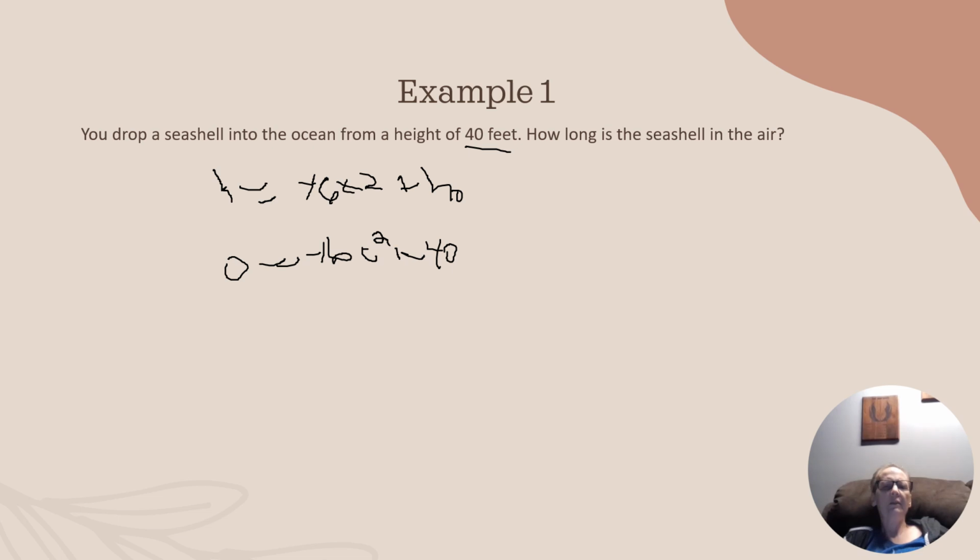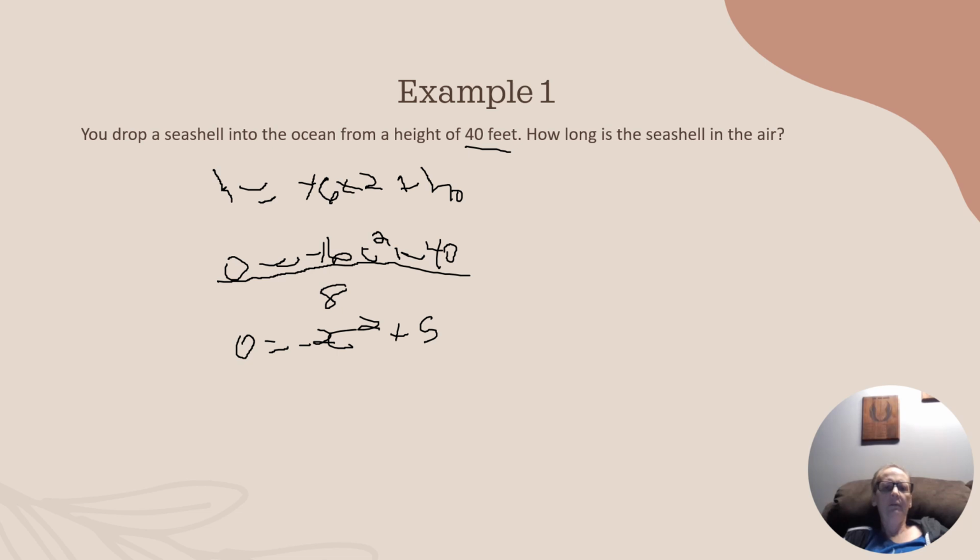Now we're ready to solve this. First we take out a common factor of 16 and 40. Actually, 8 goes into all of that, so let's divide by 8. So 0 equals negative 16 divided by 8, which is negative 2, t squared, plus 40 divided by 8, which is 5.